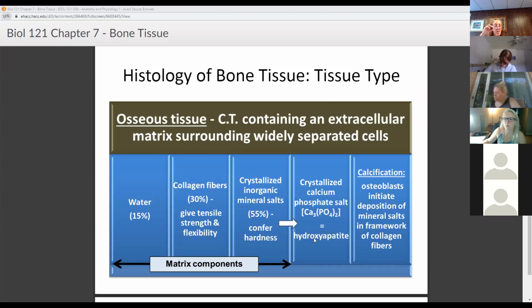The crystallized calcium phosphate salt that's part of these inorganic mineral salts is hydroxyapatite. Calcification is the process by which osteoblasts initiate the deposition of mineral salts in a framework of collagen fibers.